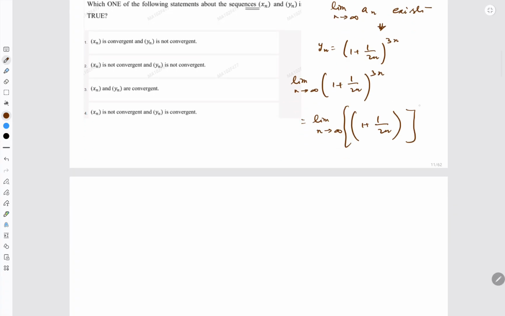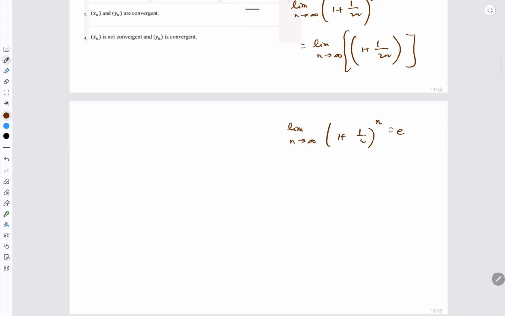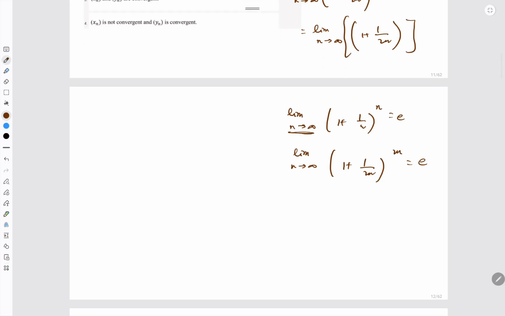But nonetheless, we know that the limit n tends to infinity of (1 plus 1 by n) raised to the power n is e, right? We know this already. So if I take the limit n tends to infinity of (1 plus 1 by 2n) raised to the power 2n, that is also e, because here n is symbolic of a quantity that is moving to infinity and the same quantity whose power has to be raised.